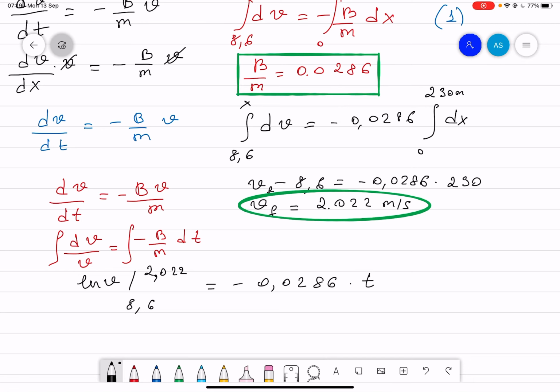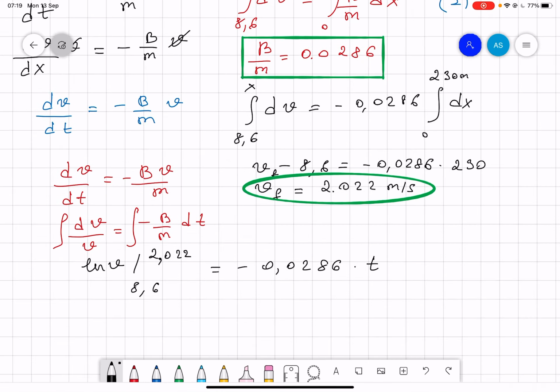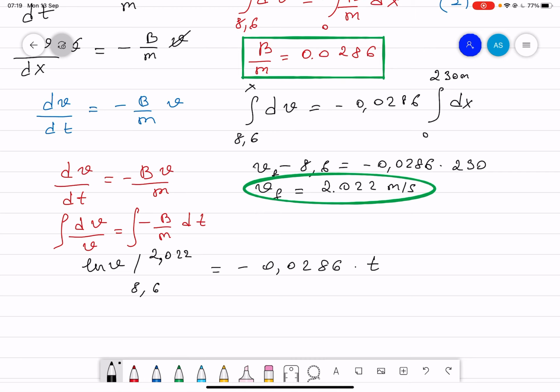Okay, so that's it. If you do the calculation, the time should be equal to 50.6 seconds. Yeah, that's it.